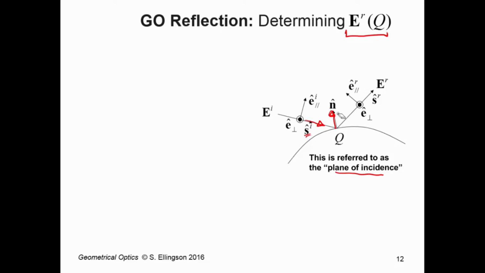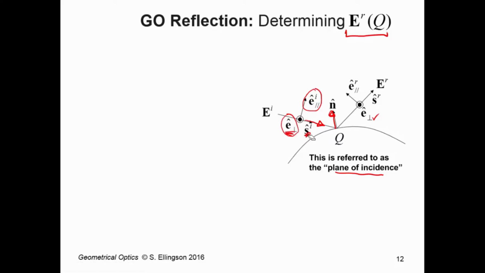Now to work the problem, you simply identify this vector E hat perp, which points out of the page. And that's the same E hat perp over on the other side. And then you can define this vector E hat super I sub para, which is the cross product of this vector and this vector, right?